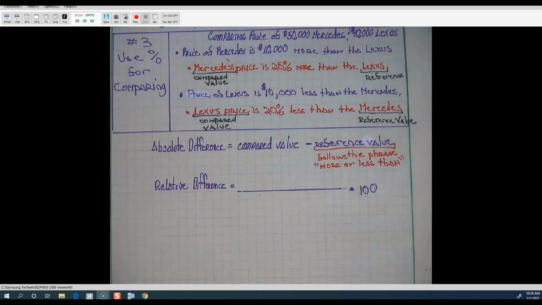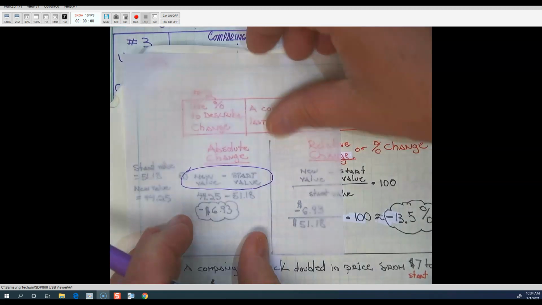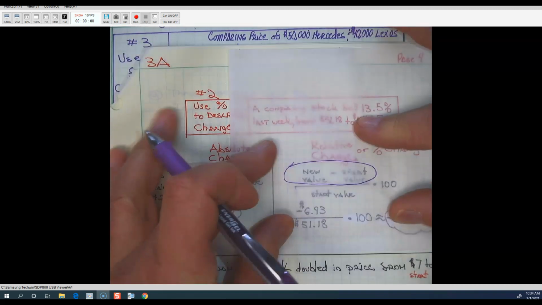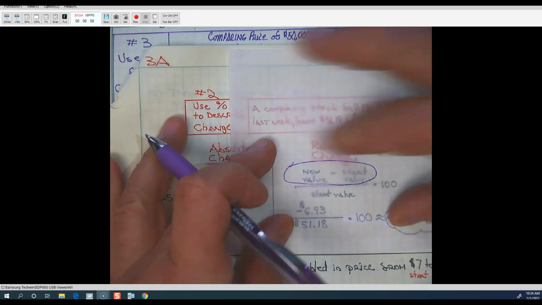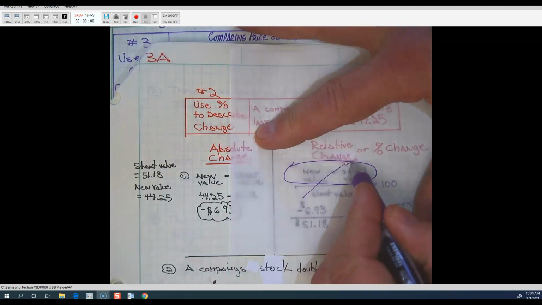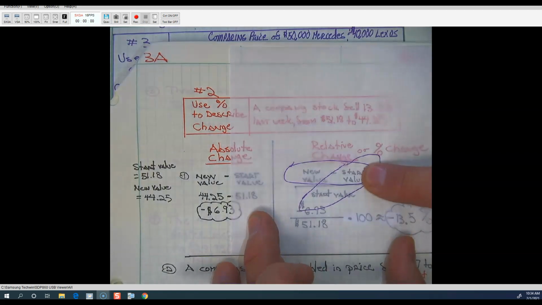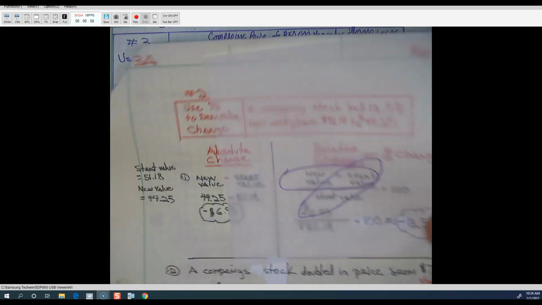Now this works just like the one that we did on Friday. In that, this phrase right here becomes the numerator, and then the denominator is the same as the second part of the numerator right there. So it's the exact same setup.